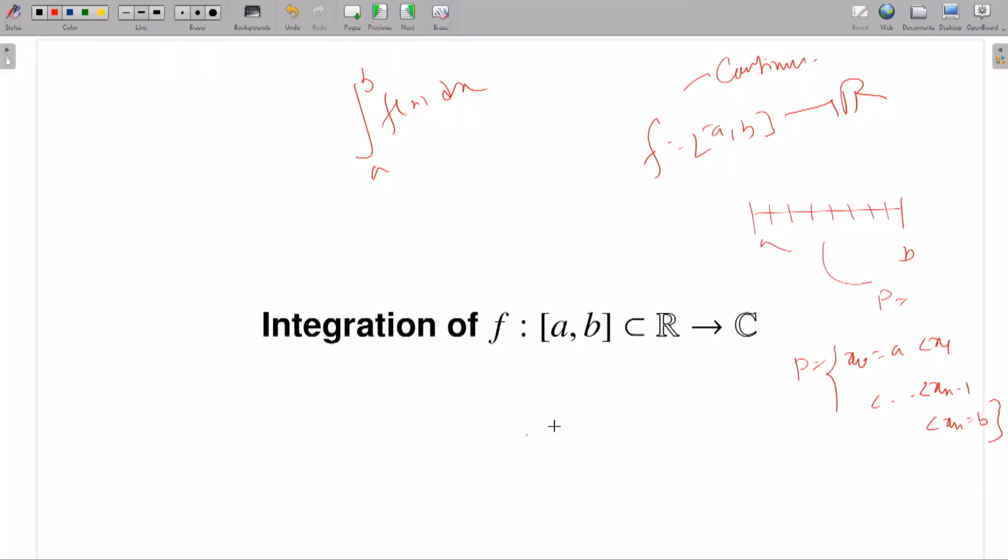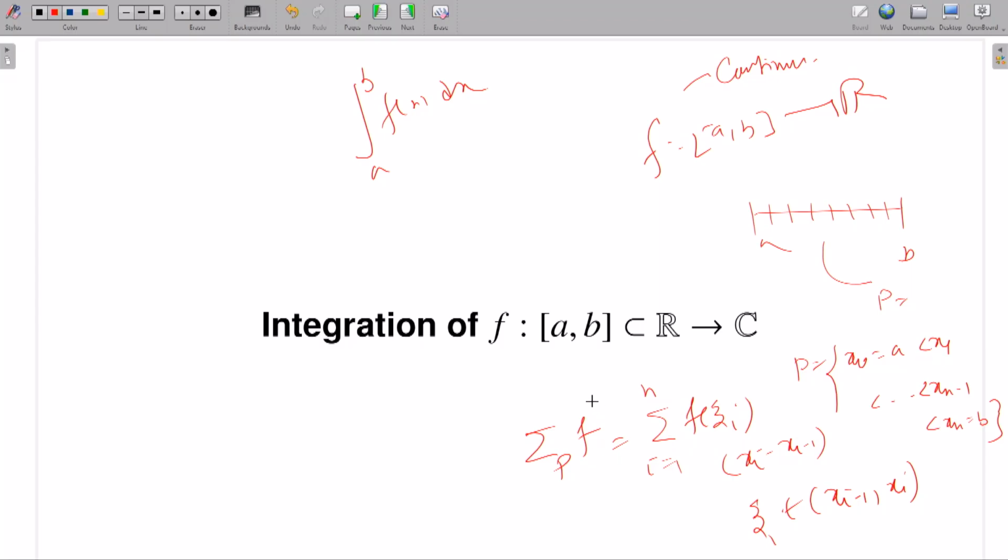So the Riemann sum corresponding to the partition is nothing but the sum over i from 1 to n of f at the point xi_i times the length of the interval, x_i minus x_(i-1). And what is xi_i? Xi_i is some point, any point, in the interval [x_(i-1), x_i].